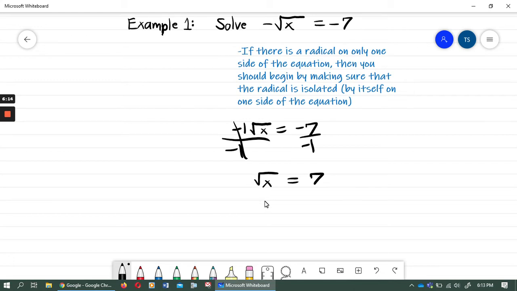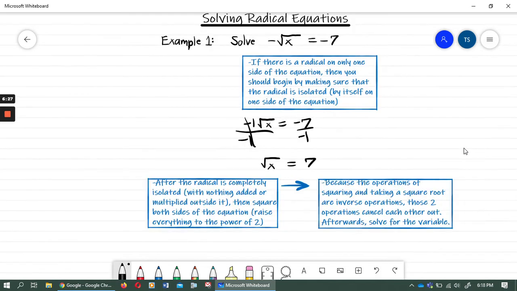So again, we get that square root to cancel by using its inverse, which is squaring both sides. In other words, we need to raise both sides to the power of 2. All right, so let's go ahead and do that. Let's square both sides of the equation. Let's raise both sides of the equation to the power of 2.